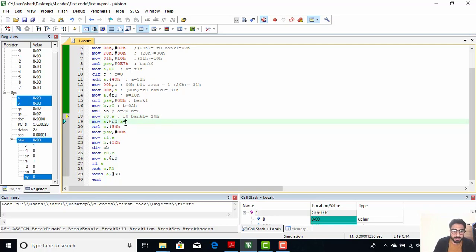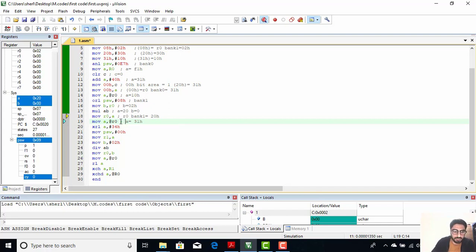And now the value of A goes to R0. Now we are in bank 1. R0 is at 20 hex. Go to address 20 hex. 20 hex here contains 31 hex. So A is going to equal 31 hex.